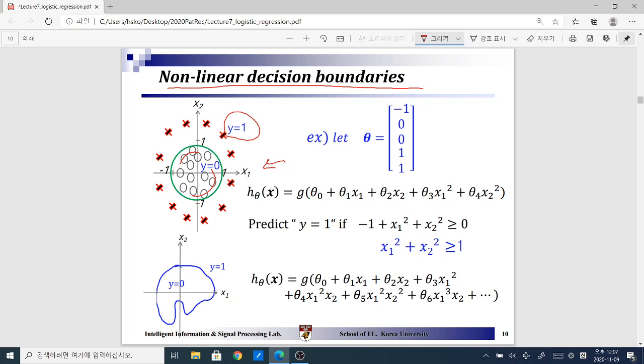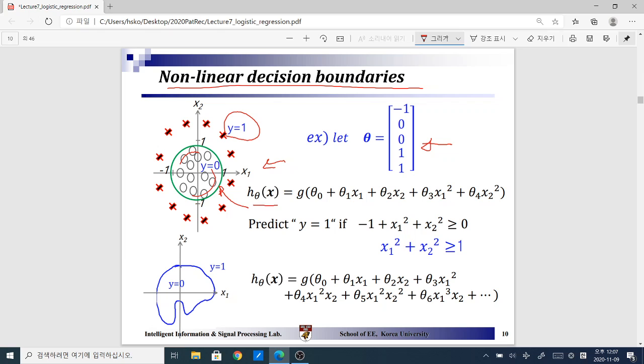Once again, with some help from the knowledge base, let's say that we were able to identify theta, the parameter, as this. In this case, it would nicely give us this decision boundary.